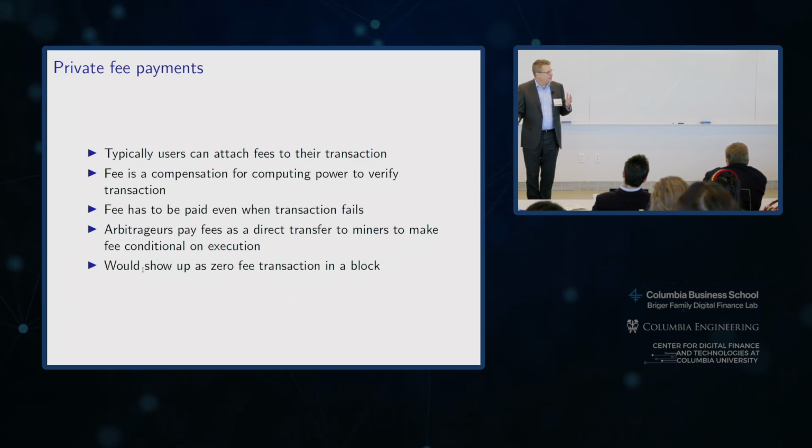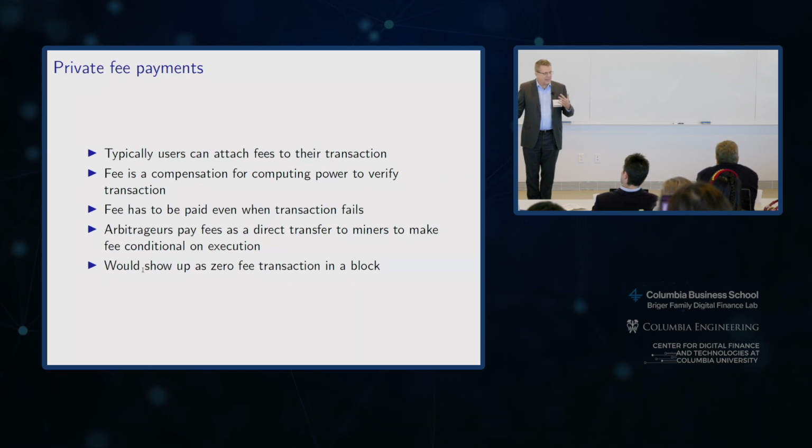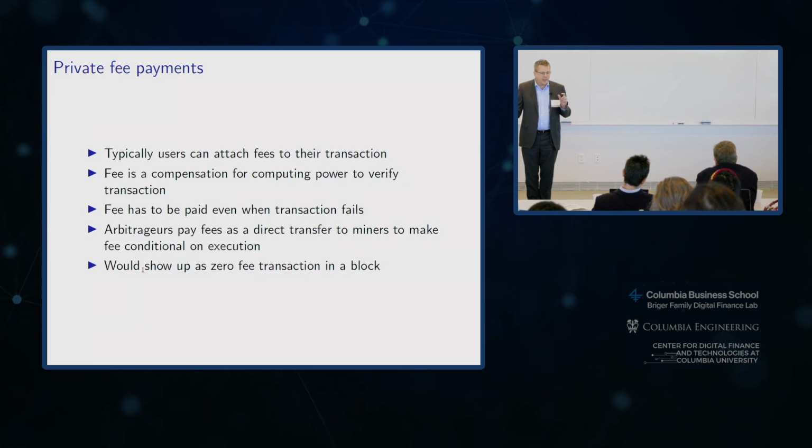That's bad for an arbitrageur. Suppose you find an arbitrage opportunity and you submit your transaction, but by the time your transaction executes, the arbitrage opportunity is gone. You still have to pay the fee.